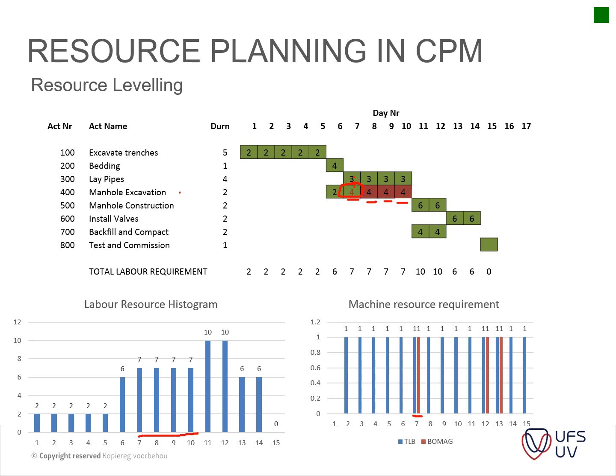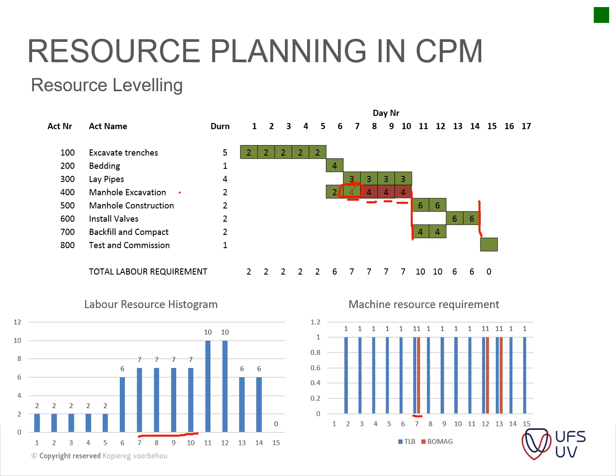So that's what changed. And what also happened was we added the 4 laborers there, but it didn't have an effect on our completion date because everything was still done on the same day.